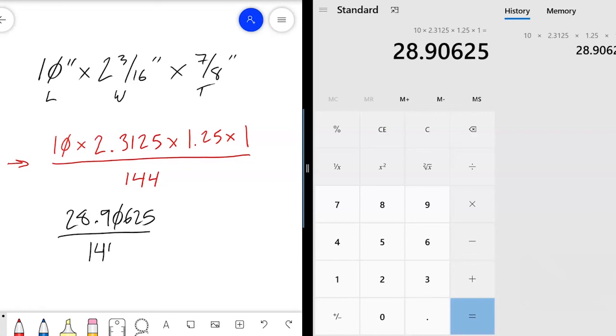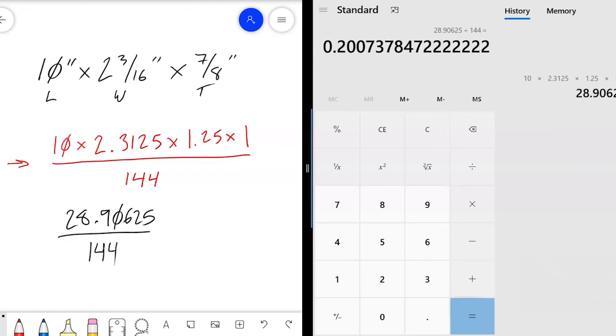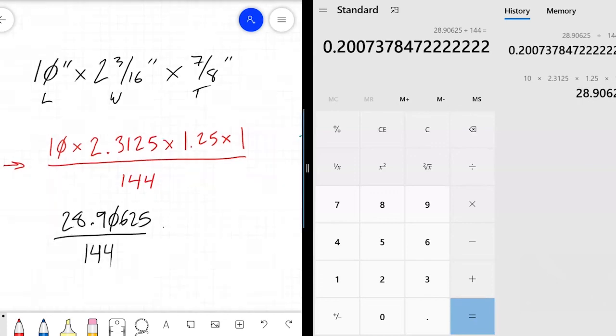And that's going to be divided by 144. So we take that whole number, we divide by 144, and that gives us this number, 0.200737, etc. Less than 1/4 of a board foot.